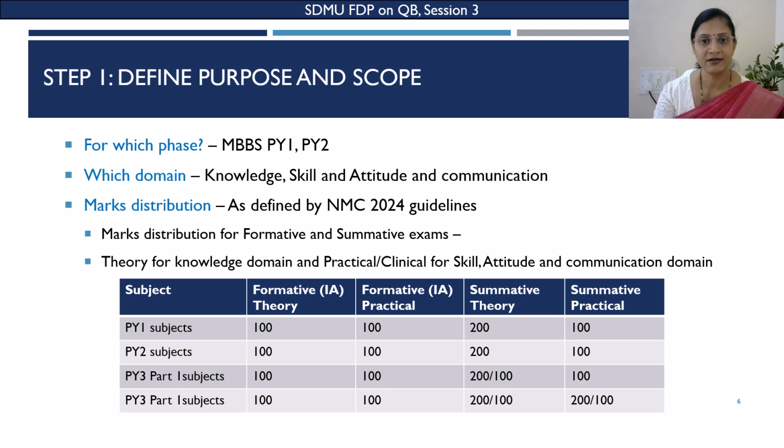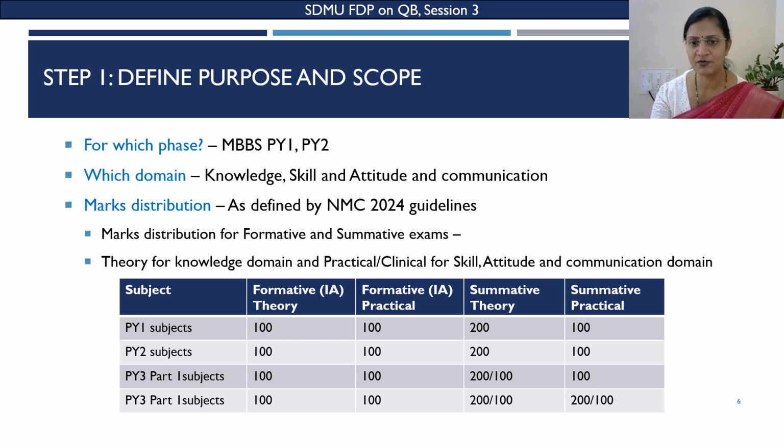So we are going to understand the marks distribution as defined by NMC 2024 guidelines. So it is already well described by NMC about the total marks, how it has to be conducted for formative, how many marks are to be considered for summative exams concerned to theory papers as it is given in the table. Like PY1 we have formative assessment theory 100 marks, practical 100 marks, summative theory is 200 marks, 100 marks each 2 papers, and summative practical is for 100 marks.